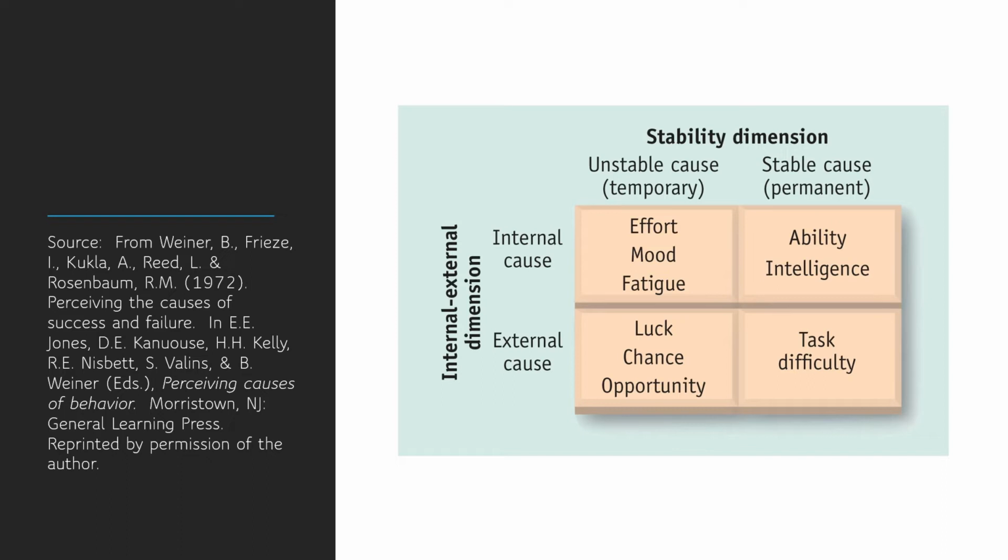For example, if you attribute an outcome to great effort or to lack of effort, you're citing causes that lie within the person or within yourself. And since effort can vary over time, the causal factors at work are unstable. There are some other examples of causal factors that fit into each of the four cells that you see in this image on this slide.